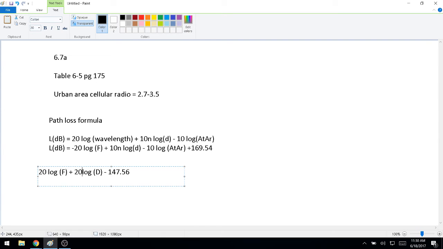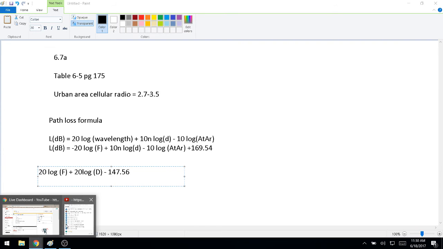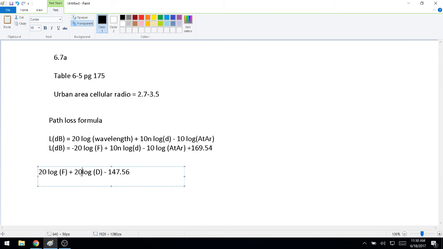But, hang on, just jumping to the right part of the book. The reason that this is our free space loss environment is that the actual formula is 10 times n log d.